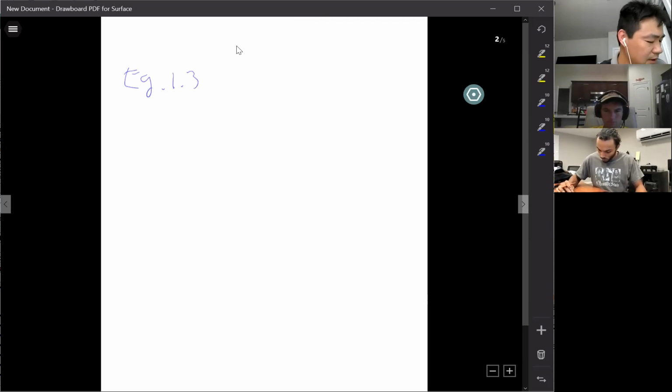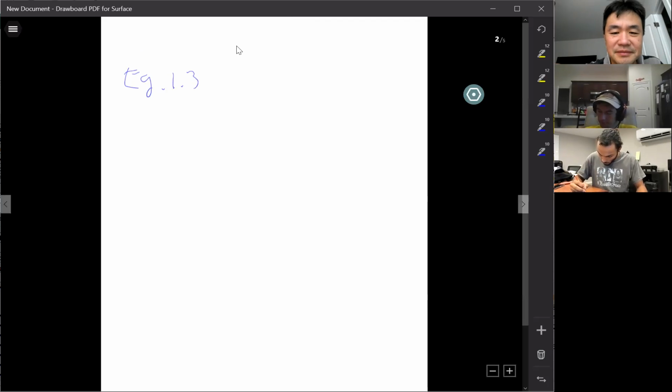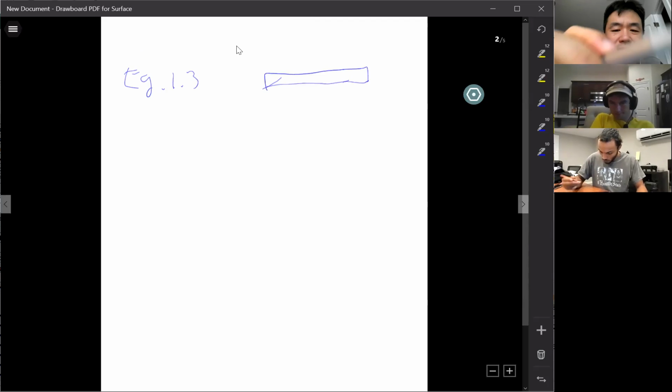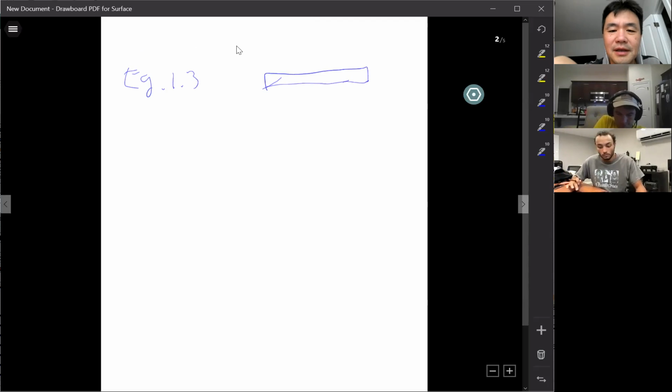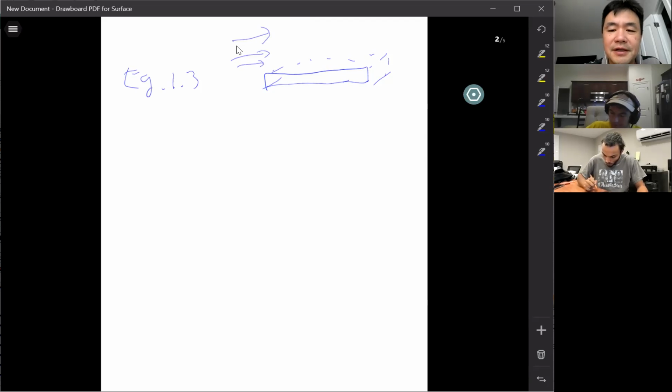It says, assuming the plate in example 1.2 is made of carbon steel. Do you remember 1.2? I did it last time. I can draw. We have a convection, the air goes over the plate, and the plate is 50 by 75 centimeters in dimension.